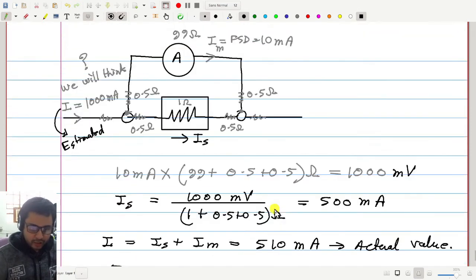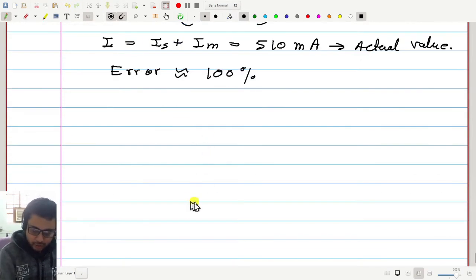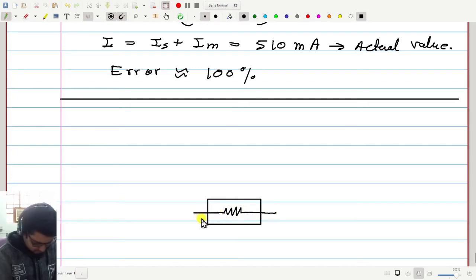Okay, now let us do the same thing with a 4-terminal resistance. So now let me take a 4-terminal resistance. One, two, three, 4.